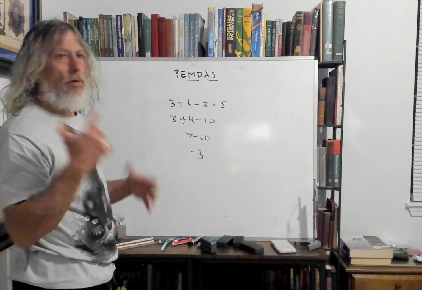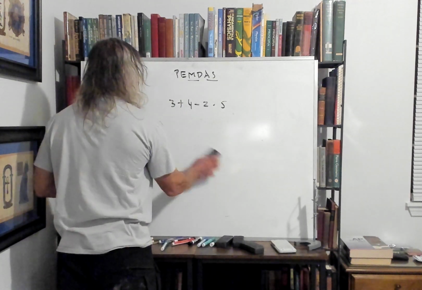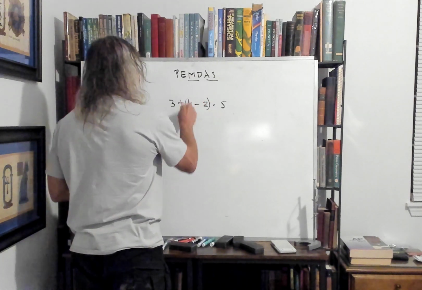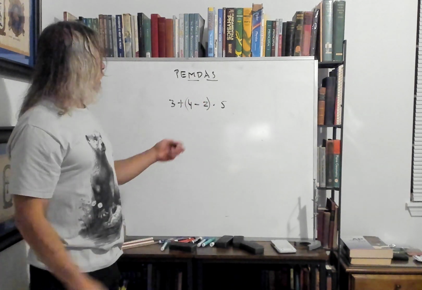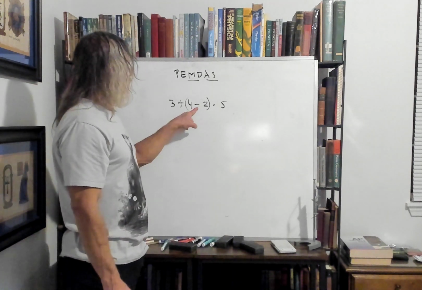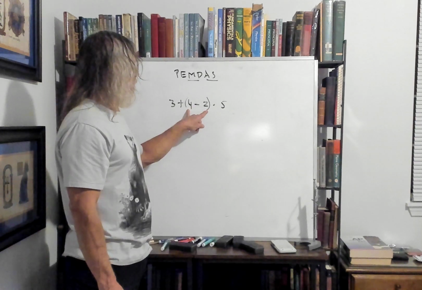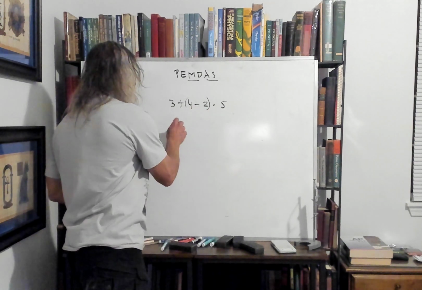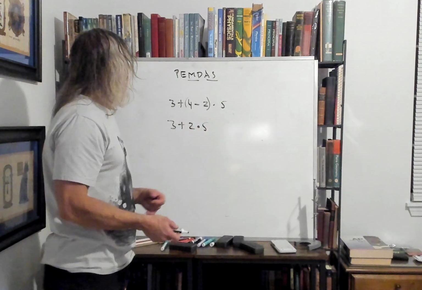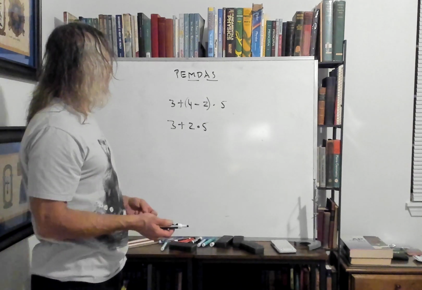But if it had parentheses with it, not just this, if we had that, then we're multiplying 5 by this result. So we have to do what's in here first. The parentheses mark off what you got to do before you multiply. So 3 plus 2 times 5. Parentheses take priority over the multiplication.